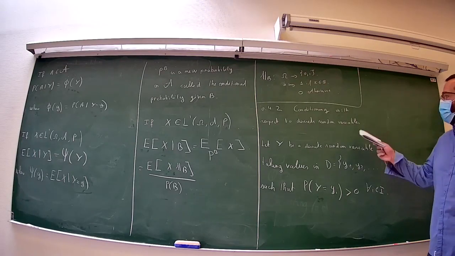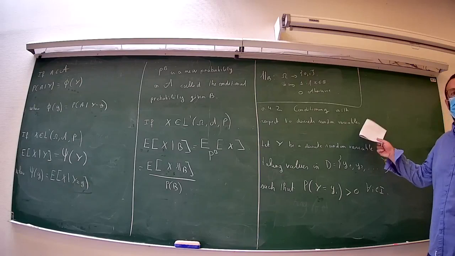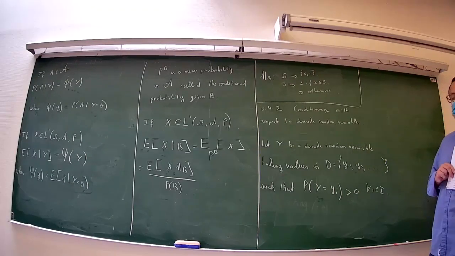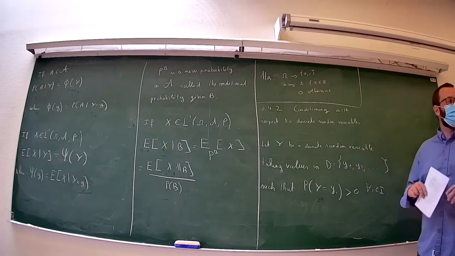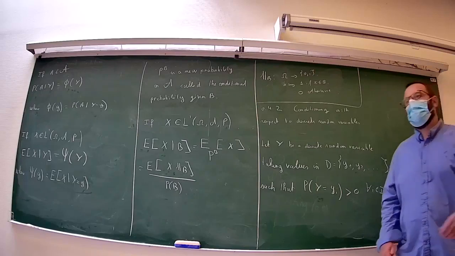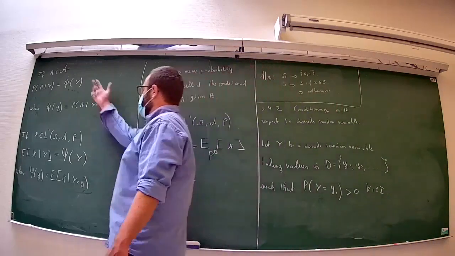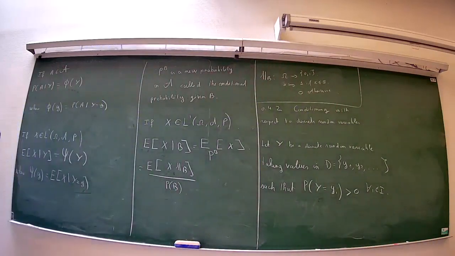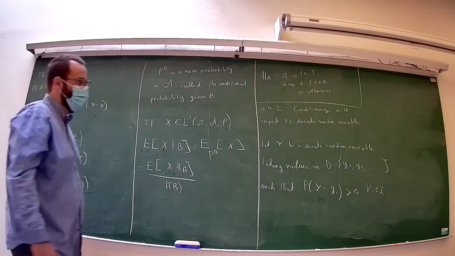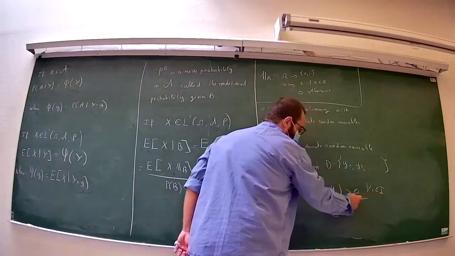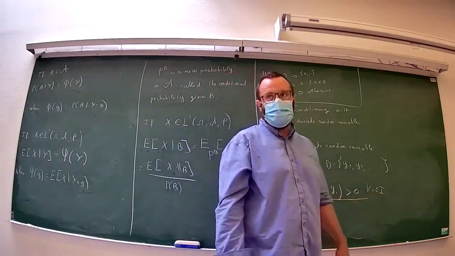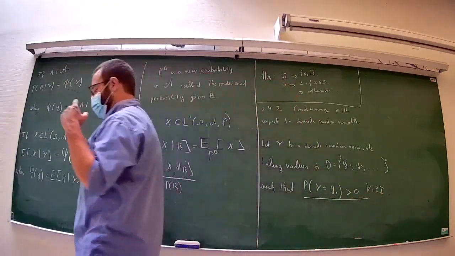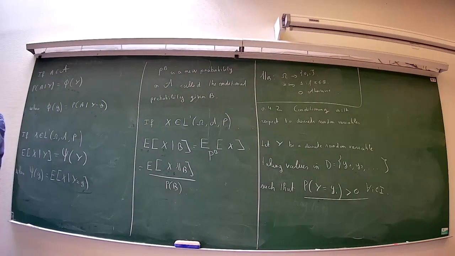Suppose that I want to do an extension of this one for more general random variables. But in fact, if I want to do this, I have a problem here. Why do I have a problem? Because for this formula, I need this. And typically, suppose that you want to do the same for a continuous random variable.